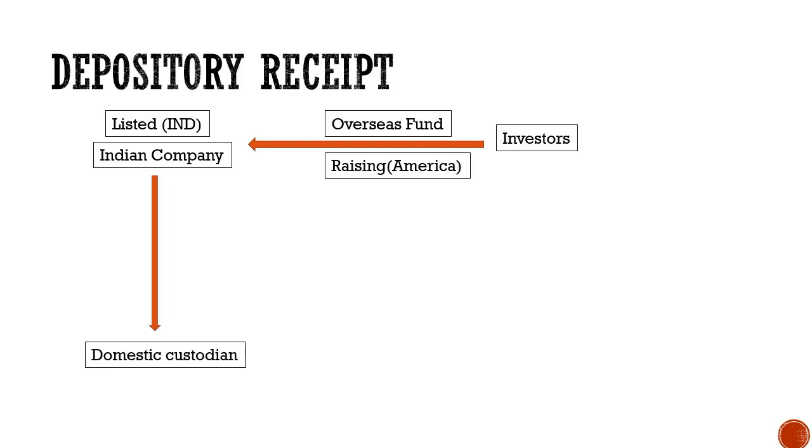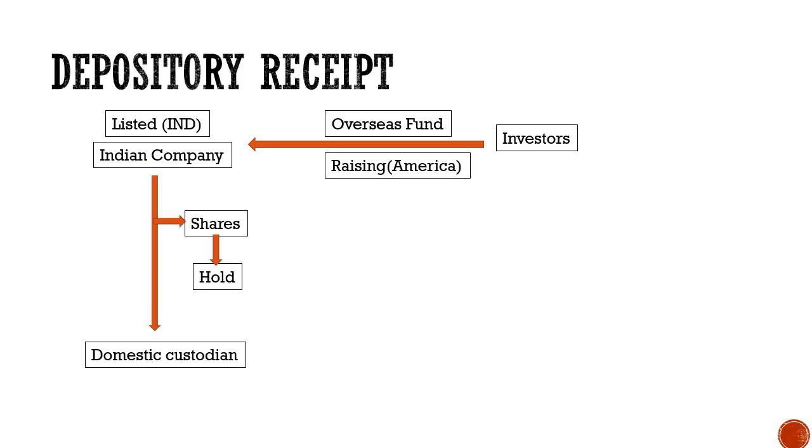A domestic custodian is similar to a company, and its main duty is that it will hold the shares of the Indian company with it. So all the paperwork, all the workings, all the formalities of the issue of shares will be held by the domestic custodian.